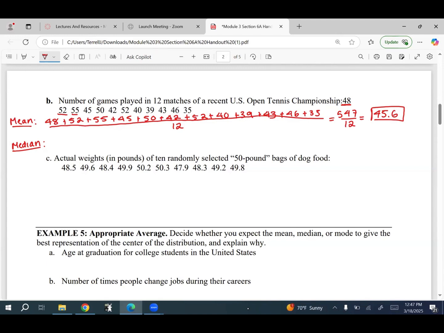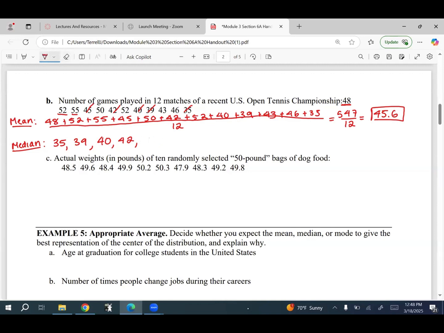35, then 39, then 40, followed by 42, 45, 40, oops, sorry guys, I missed one.